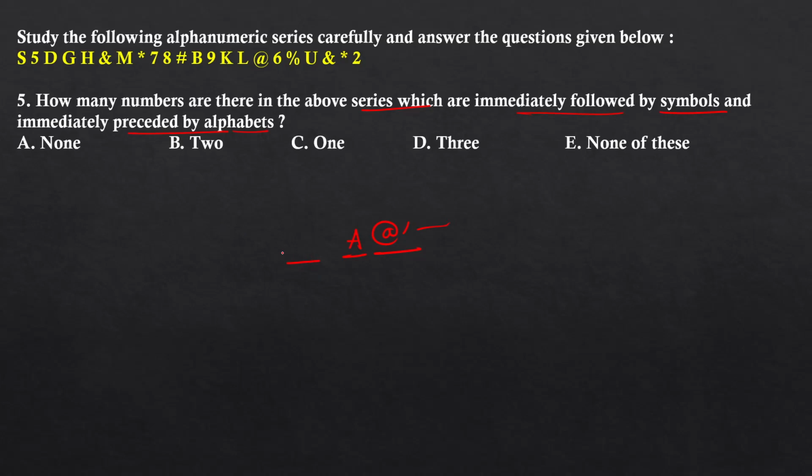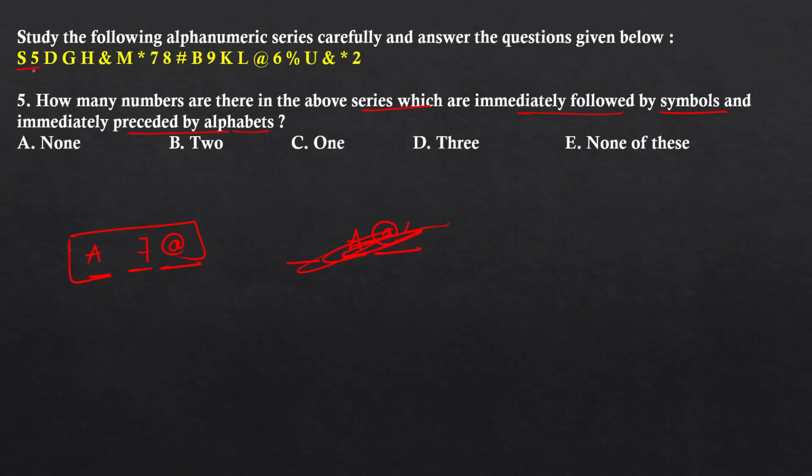Let's say 7, which is immediately followed by a symbol, that is at the rate, and preceded by an alphabet. Just like that. So at first, 5.